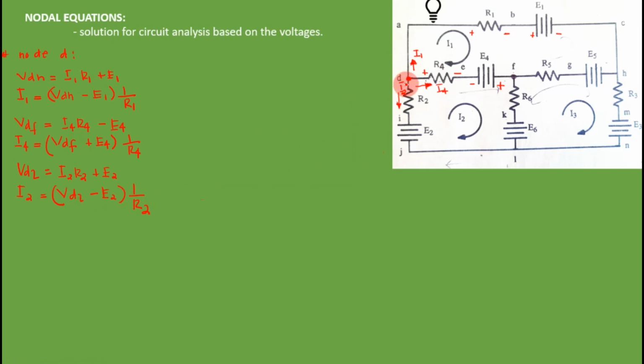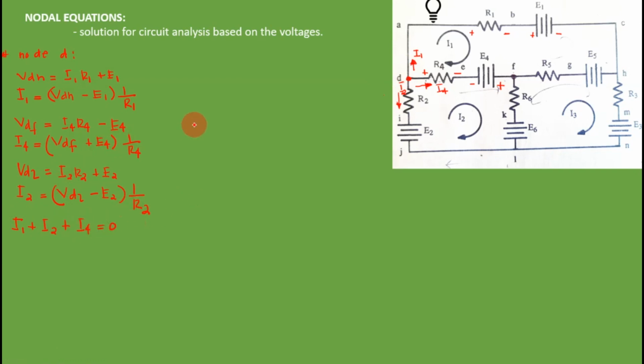And then, knowing Kirchhoff's current law at node D, since all the currents are going out, KCL states that the current that enters is equal to the current that leaves. We can set up an equation for currents: I sub 1 plus I sub 2 plus I sub 4 is equal to 0.